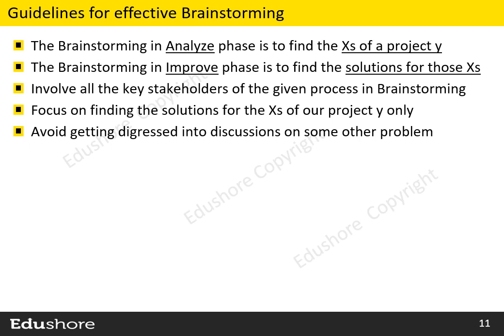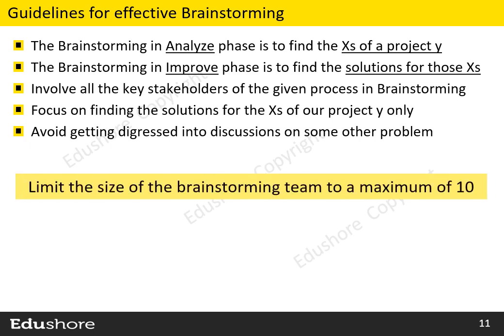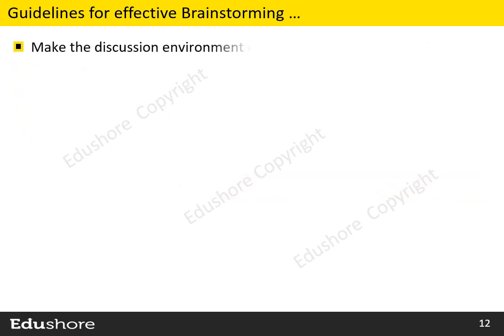As we have seen in the analyze phase, it is better to limit the size of the brainstorming team to a maximum of 10. As per some studies, if the size is going beyond 10 people, there would be challenges to manage the communication channels among the people. We should make the discussion environment cordial.